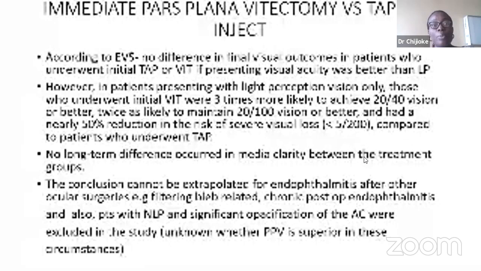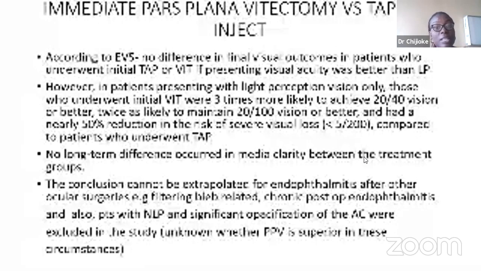Comparison between immediate pars plana vitrectomy versus tap and inject. According to the endophthalmitis vitrectomy study, there was no difference in final outcomes in patients who underwent initial tap or vitrectomy if presenting visual acuity was better than light perception.